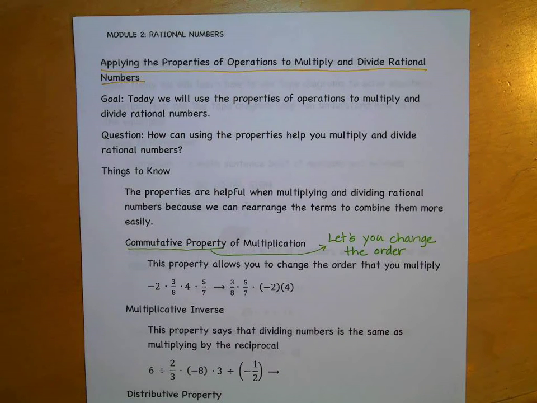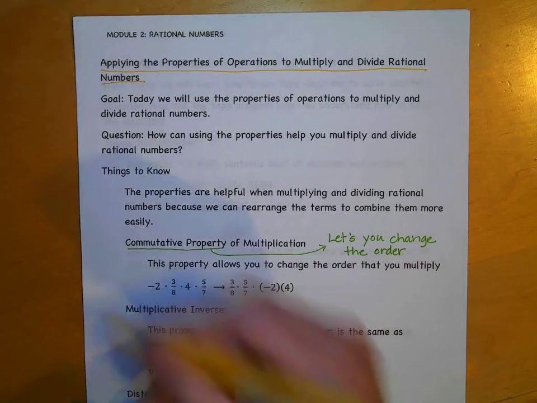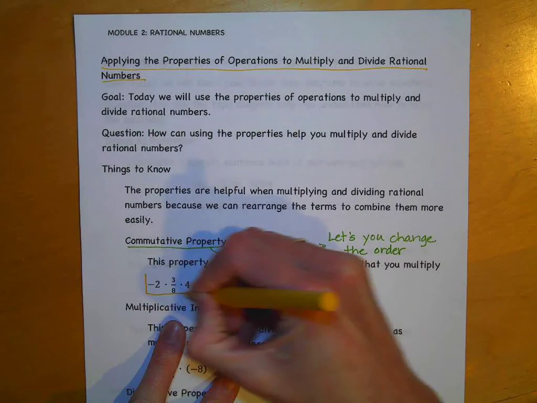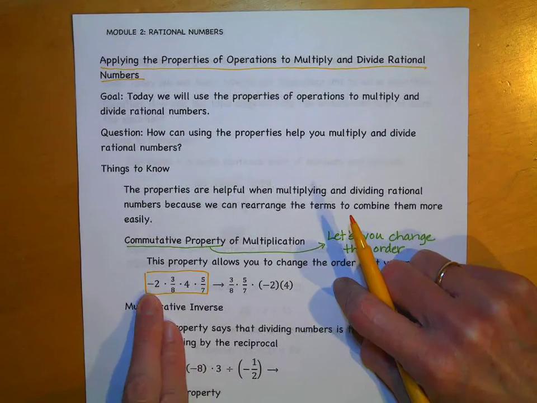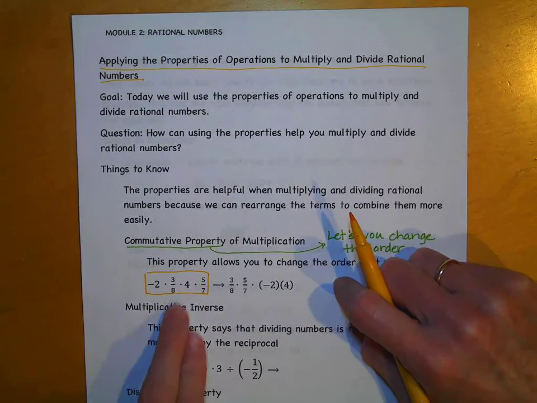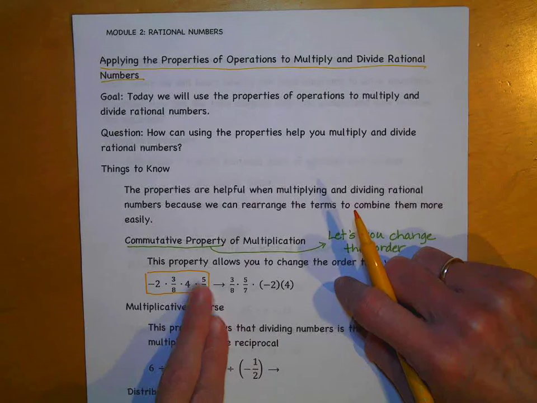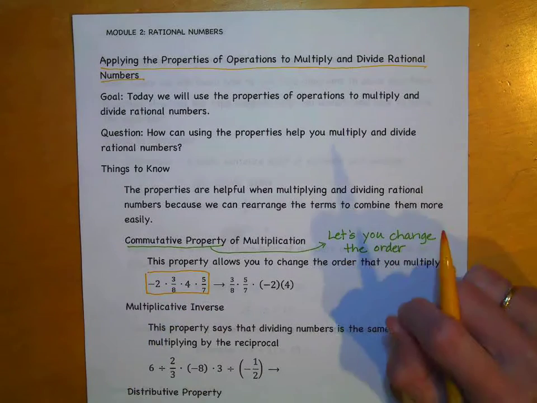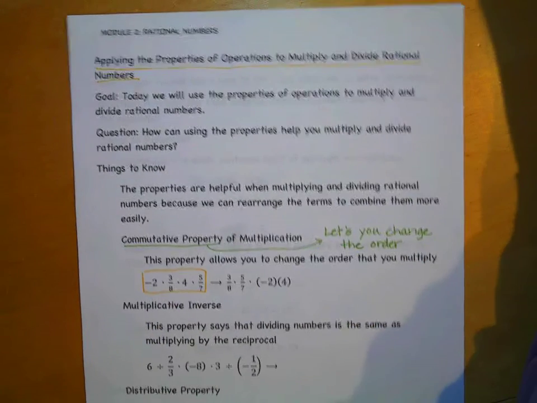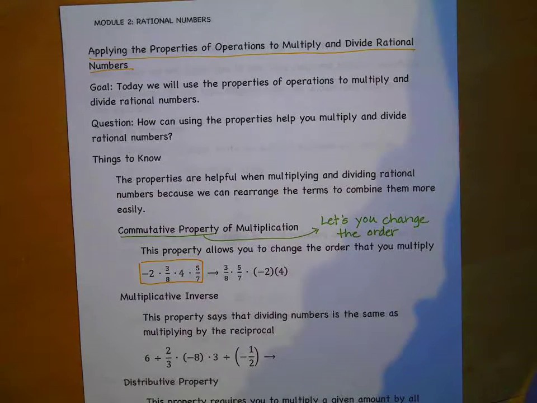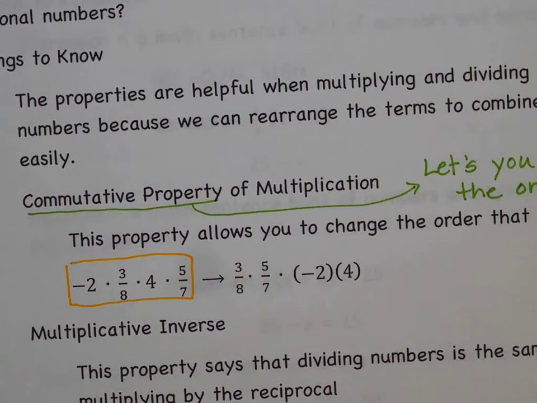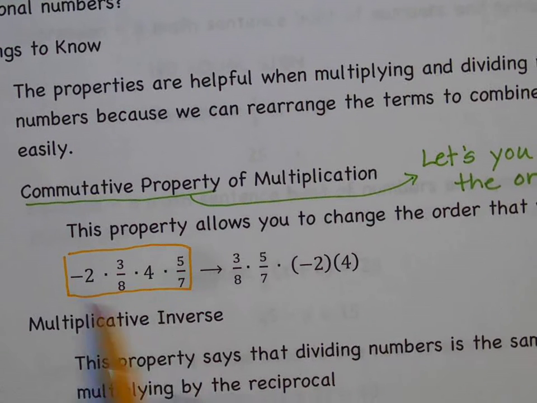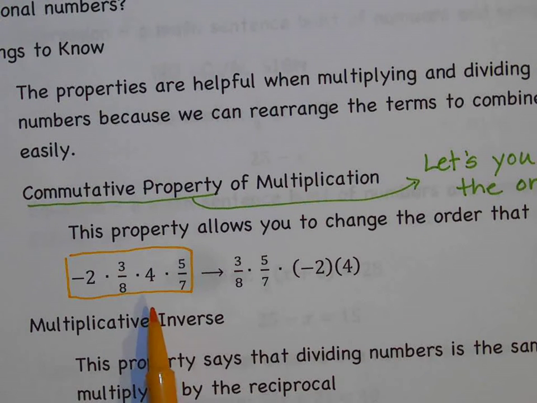So the first problem that we're going to look at is this one right here. The problem originally is written as -2 times 3/8 times 4 times 5/7. One of the things I think looking at this is that if I use the commutative property, I can change the order in which we multiply these specific factors so that it makes it easier.